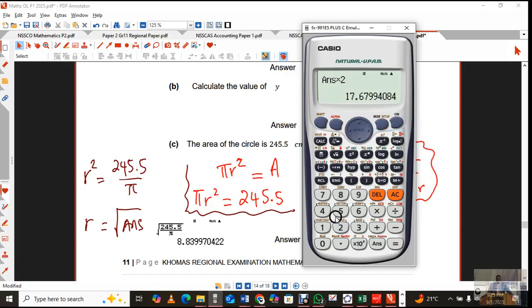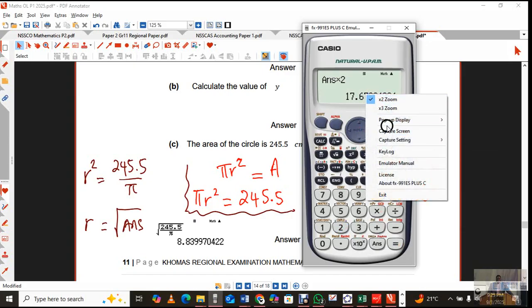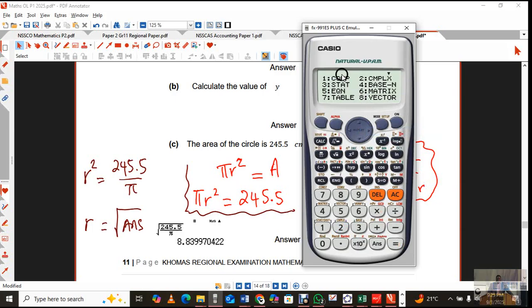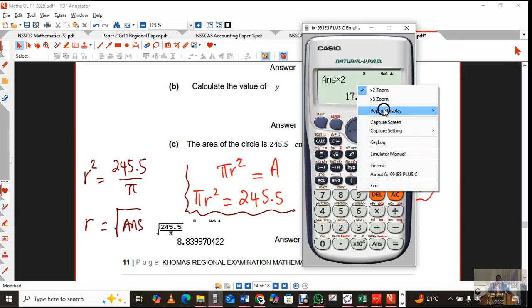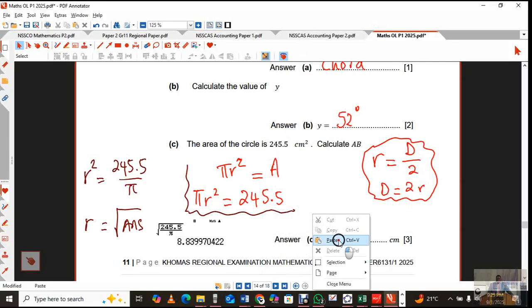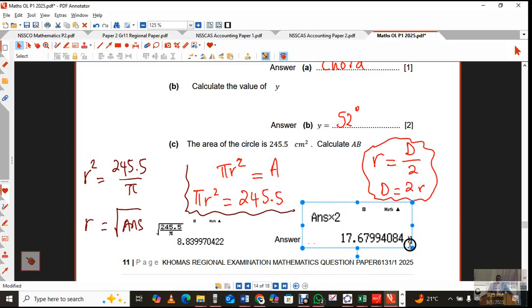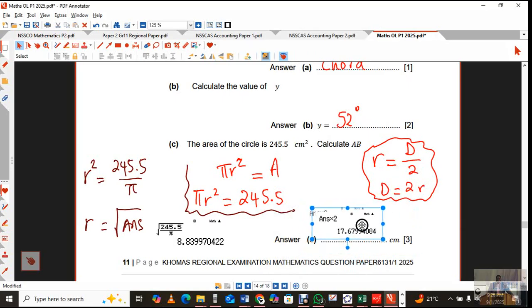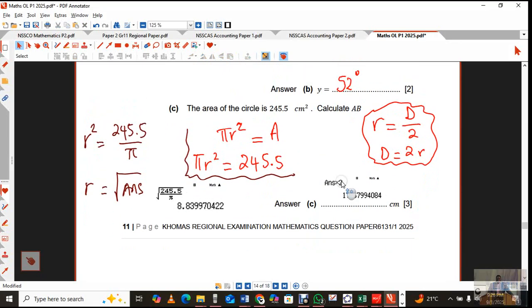So my diameter is going to be this value over here, okay? Right, but they want us to give our answer to 3 significant figures, as it is a distance. So you'll be writing 17.8.